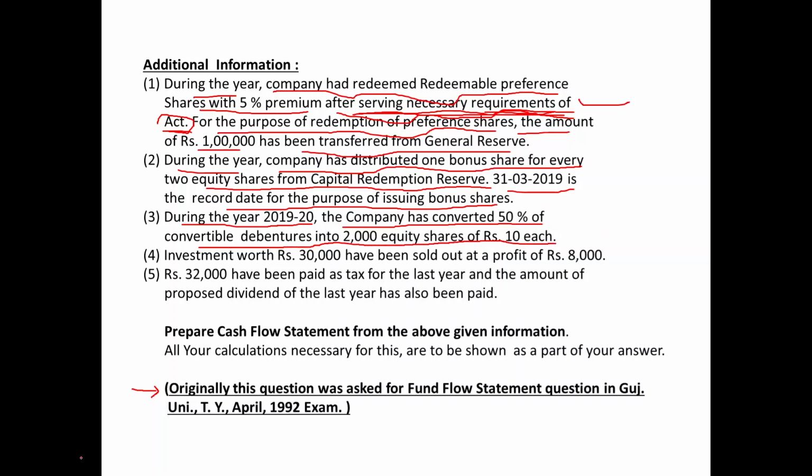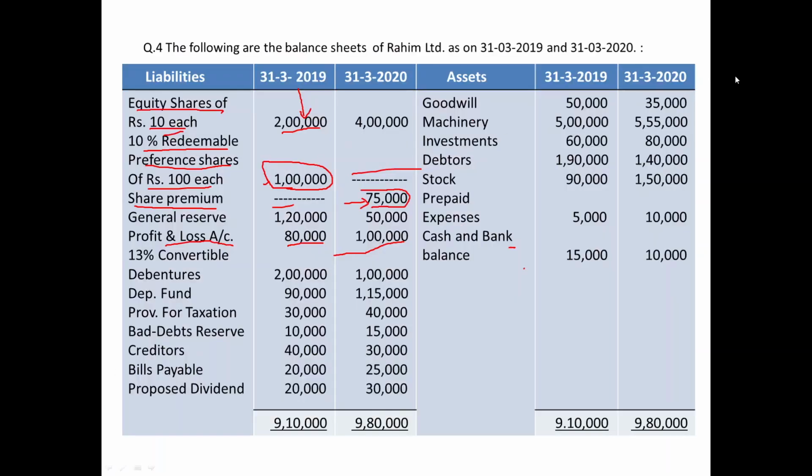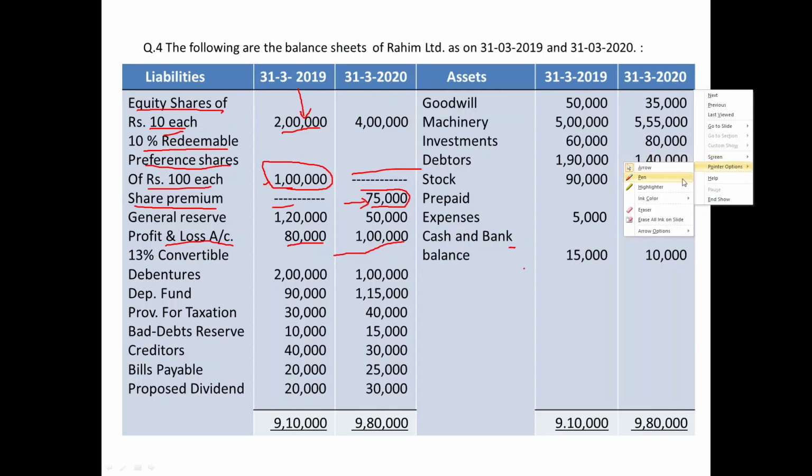So here the amount of conversion of debentures has not been given. Only it has been said that 50% of convertible debentures. So let us verify the debentures in the balance sheet and find out the amount of conversion of debentures. Have a look on the liability side.